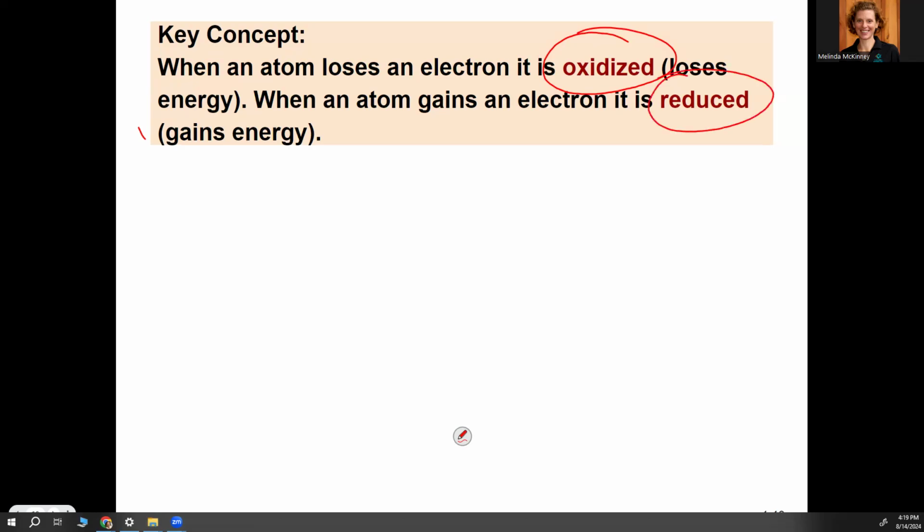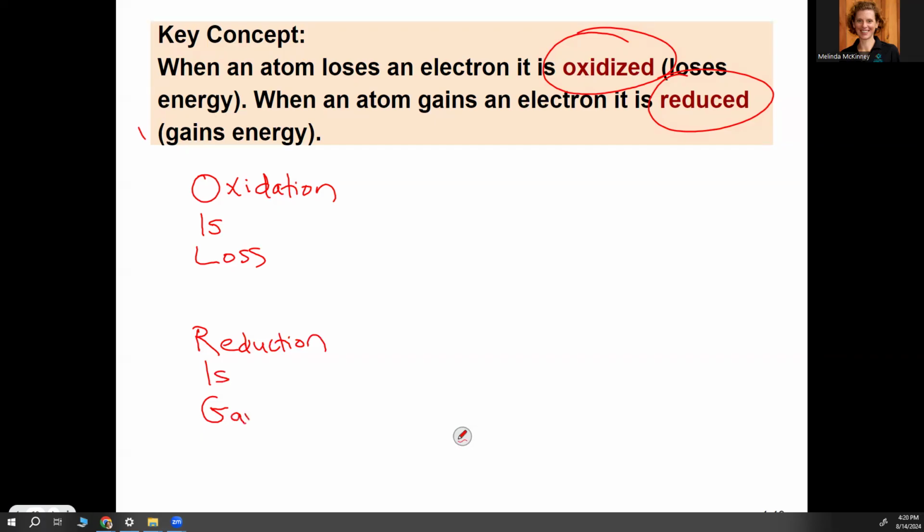It's called OIL RIG. This is a mnemonic. So it's a way to remember it using these words. Oxidation is loss. So you lose an electron, and reduction is gain.